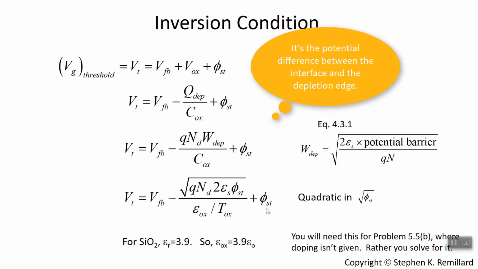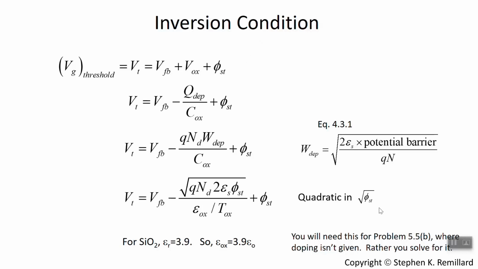And I realize I have something that's quadratic in surface potential at threshold. Oh, okay. It's quadratic. You can solve that, right? And in fact, for problem 5.5b, you're going to have to in order to get the doping level, which actually wasn't given there. So use this when you get to problem 5.5, part B. We're going to come back actually to talk more about the setup for problem 5.5 in the next one.